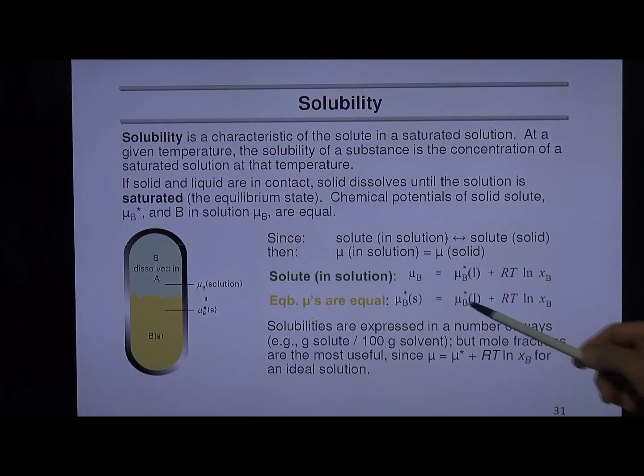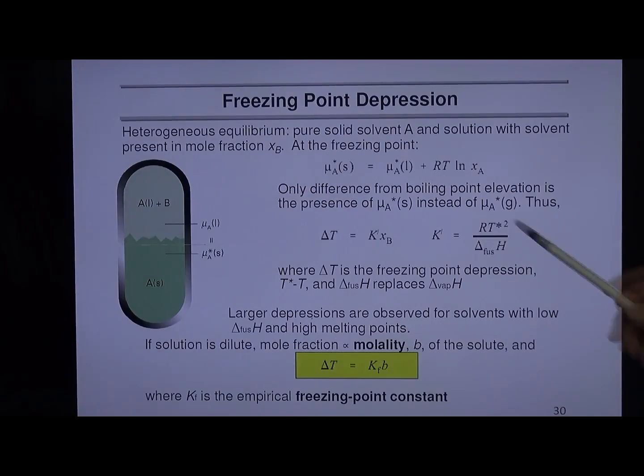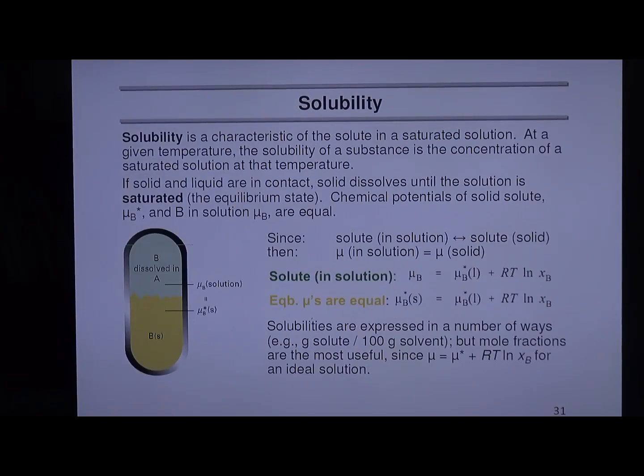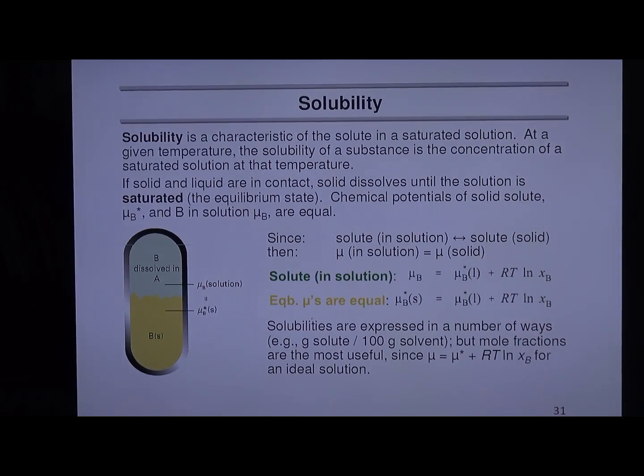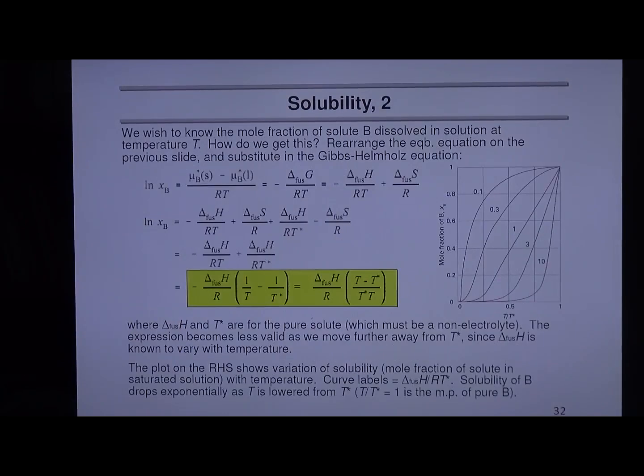So using the same mathematical derivation process, we can get information about solubility. That's why we introduce solubility here, although it is not a colligative property, because we can use the same formula to get information about solubility.